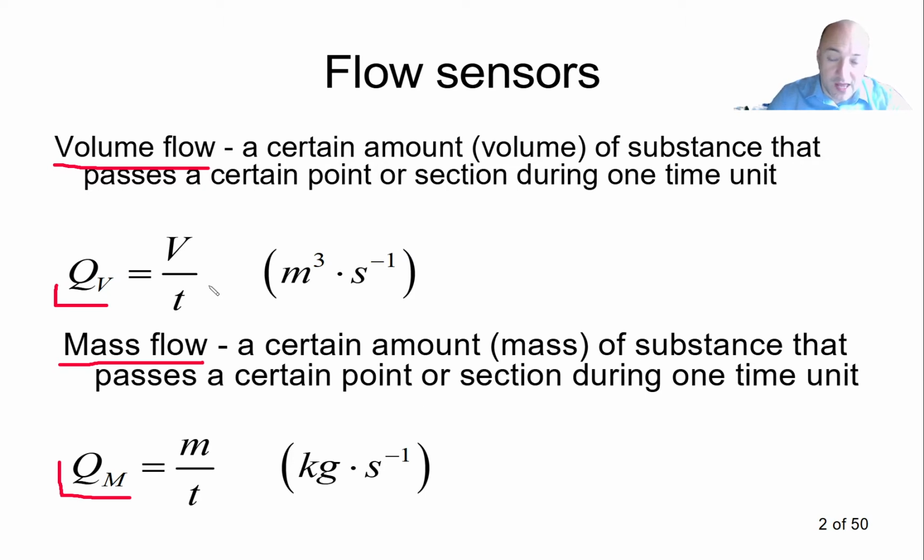And the last one, the Coriolis flow meter, will measure directly the mass flow. So it depends on the principle of the flow meter what you actually get. Of course, it is possible to recalculate between volume flow and mass flow if you know the density. So you just need to measure the temperature of your substance and then find the density in a table, and it's possible to recalculate between those two.